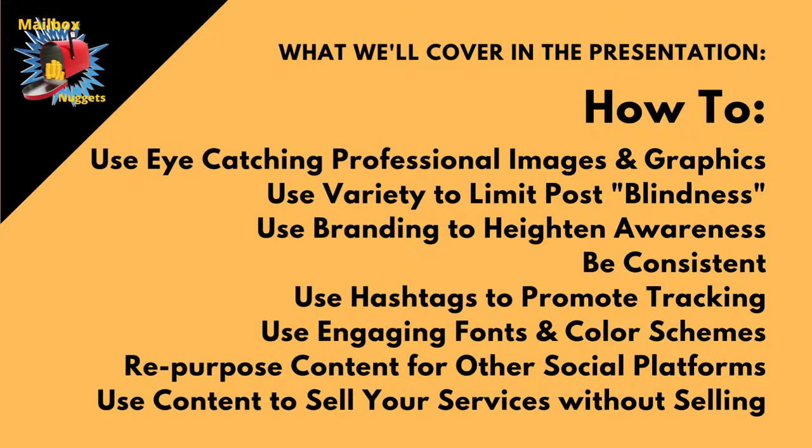So let's see, did we answer all the questions that we started in the beginning to say we were going to show you how to use eye-catching professional images and graphics, use a variety to limit post blindness, use branding to heighten awareness, how to be consistent. We just talked about that. How to use hashtags to promote tracking, how to use engaging fonts and color schemes, how to repurpose content for other social platforms, how to use content to sell your services without selling, and some others that we shared here, 11 of them today, to help you be able to go out there and answer that question.